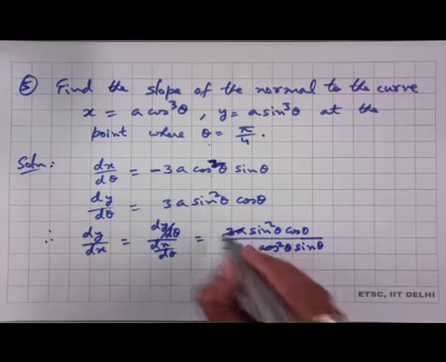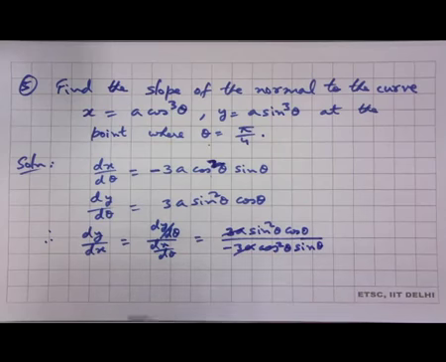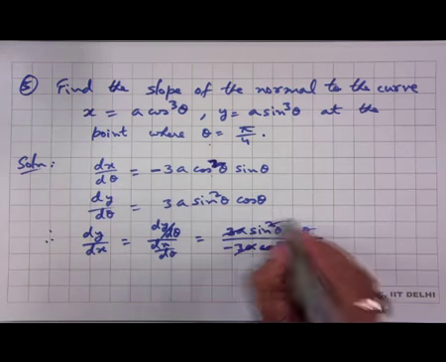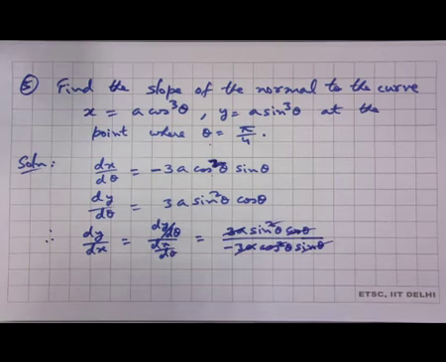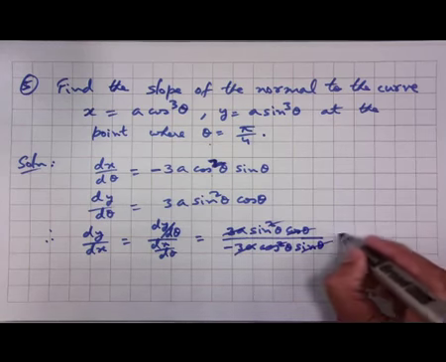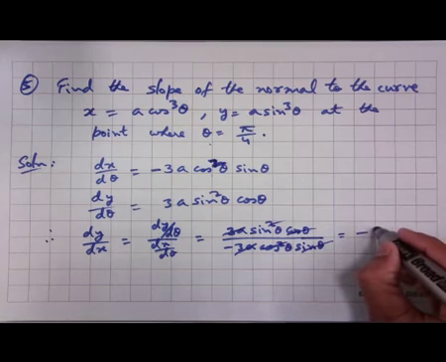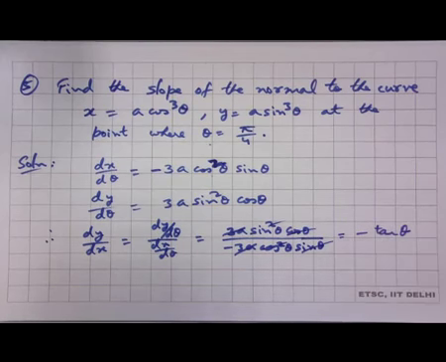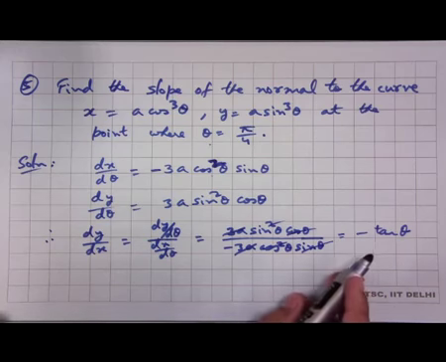So, we can cancel 3a and then one cos theta and sin theta. So, what we get is minus tan theta. So, dy/dx is minus tan theta.